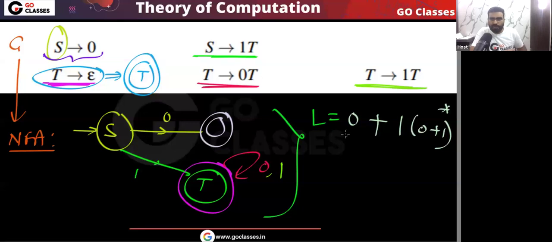So remember, if a right linear grammar G is given to you, then to find L(G) there are two methods.